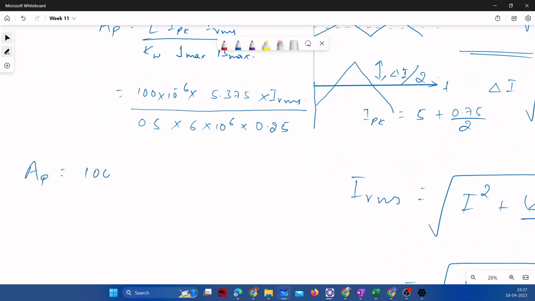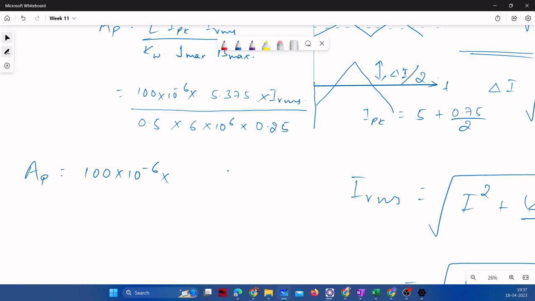By thumb rule, if the ripple is 5% or 10%, we can conveniently assume I as the influential quantity, because ripple does not affect much.